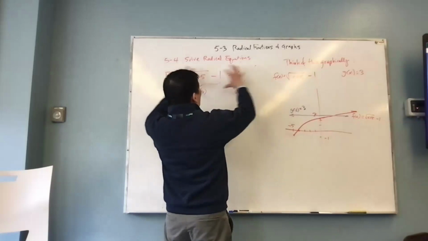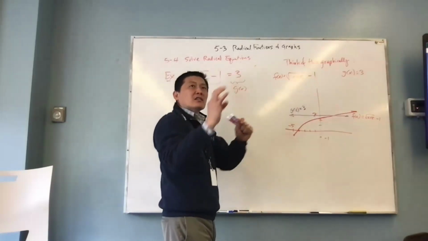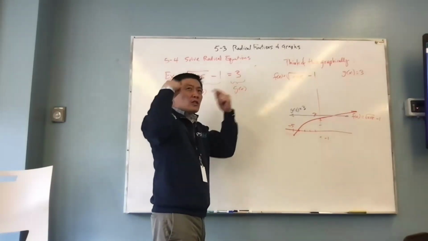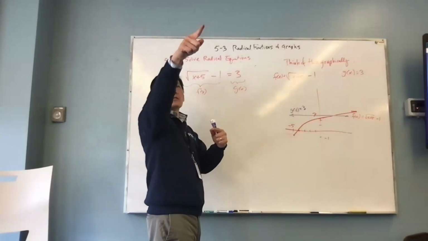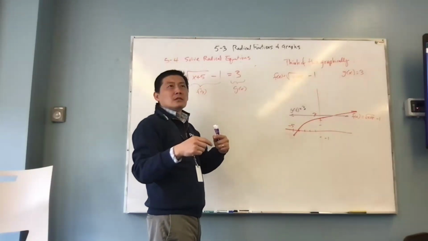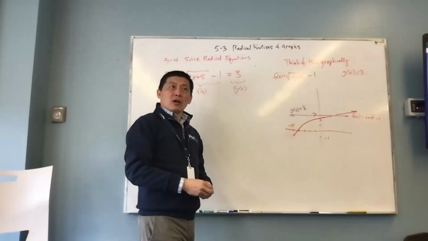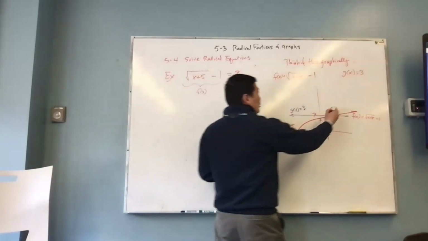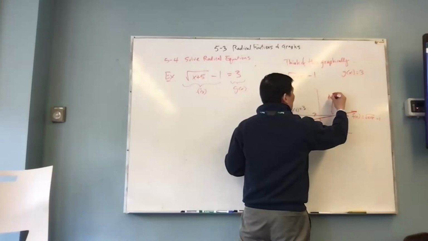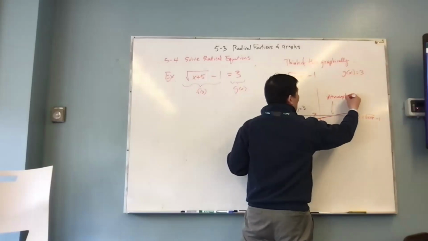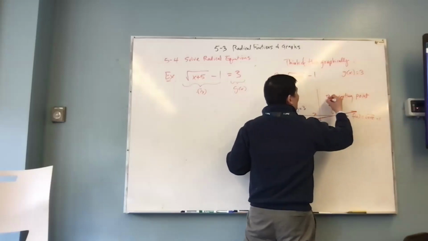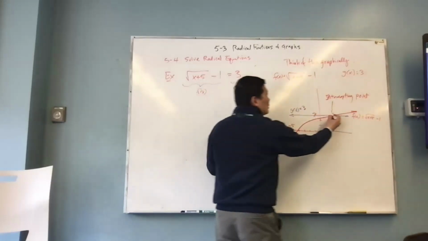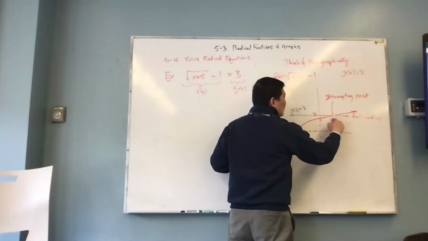What are we thinking in our head? That's where the graphs cross. That's right. Intersect. The intersecting point is where the solution is.